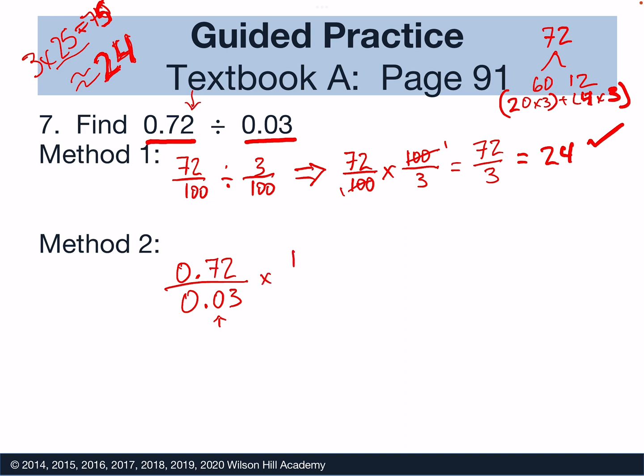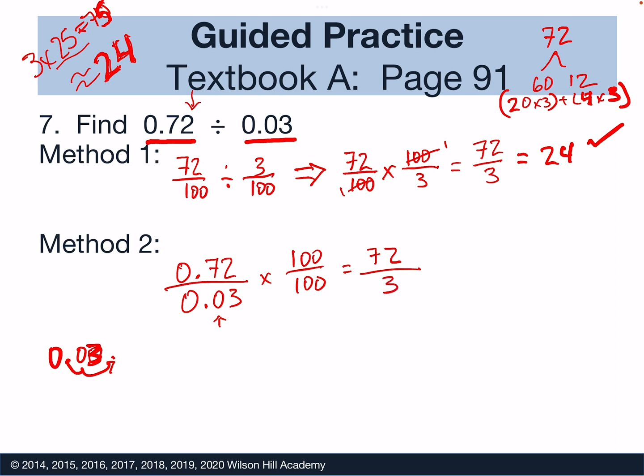We're going to multiply this by 100 over 100, because we want to move that decimal point. And we learned that when we have a decimal like this, and when we multiply by 100, we're actually moving the decimal point 2 places to the right. So 72 100ths becomes 72, and 3 100ths becomes 3.